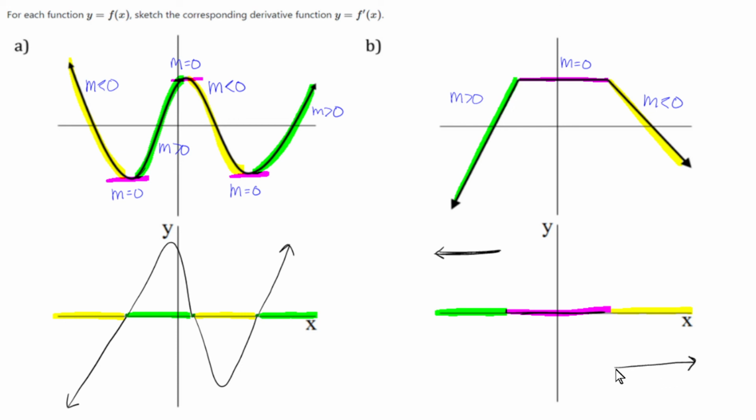Now, this endpoint here, we're going to put an open circle. And we're going to put an open circle here. These are holes. The slope is not defined at these corners. These are called corners.